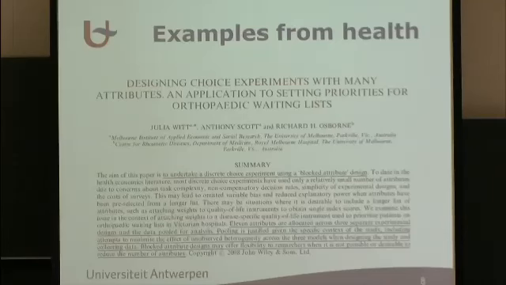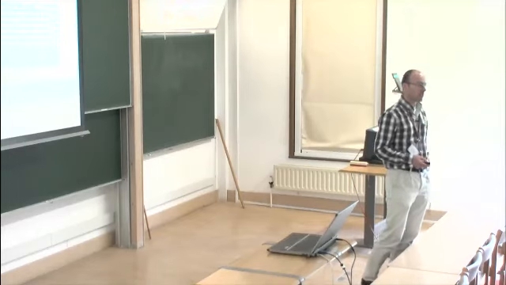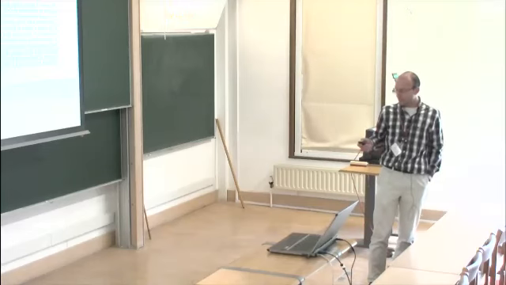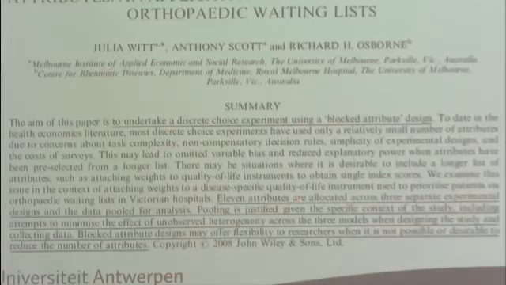In this paper, the researchers carry out a discrete choice experiment using a so-called blocked attribute design. What they mean by that is basically that they have 3 different choice experiments. In total, they wanted to study the impact of 11 attributes on people's preferences, on people's utilities, but 11 attributes was considered way too many.